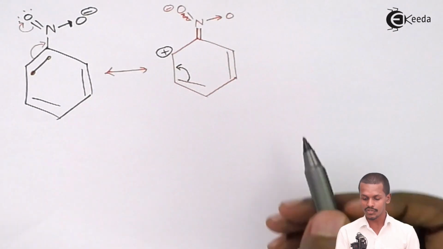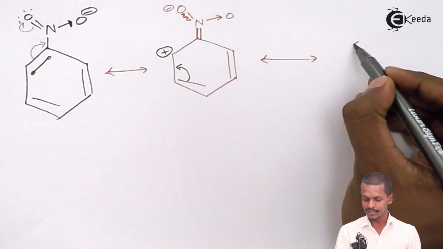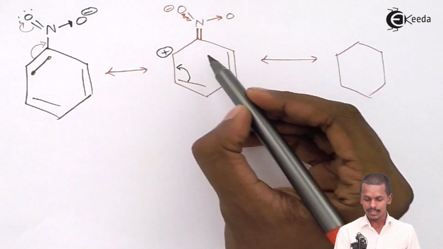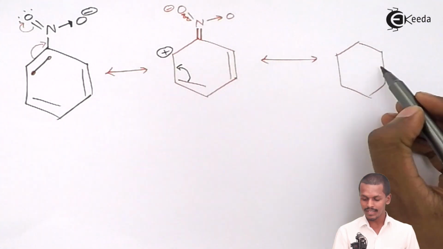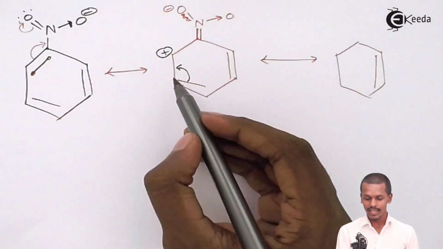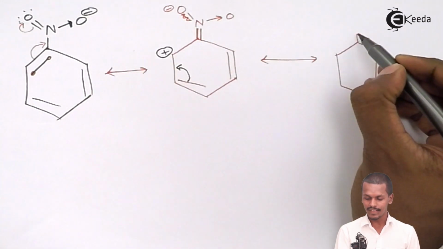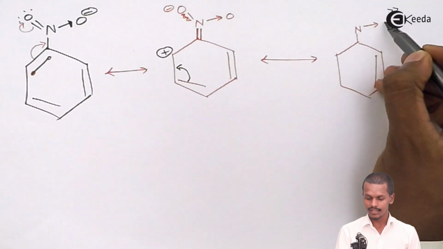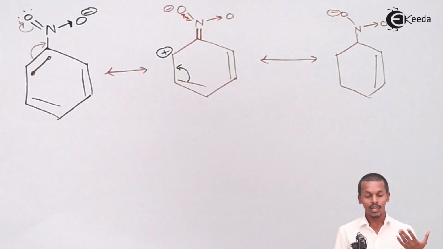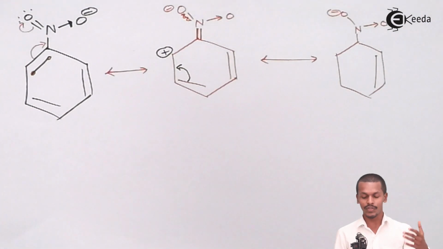So the resonating structure we are going to observe here is this one, where the double bond on this carbon atom is the same, so I am making no change. Here the nitrogen is the one which has two oxygens, where one oxygen is more electronegative because of the shifting of electrons.